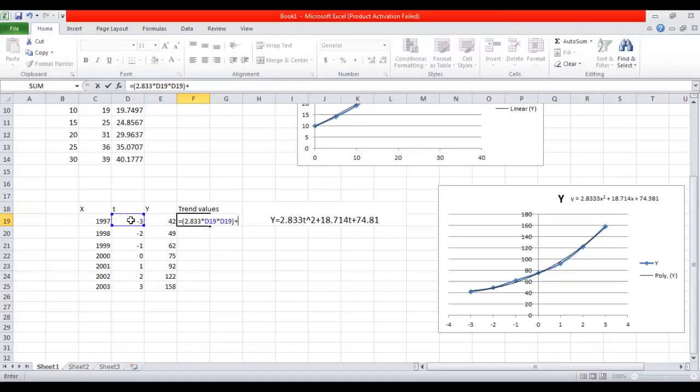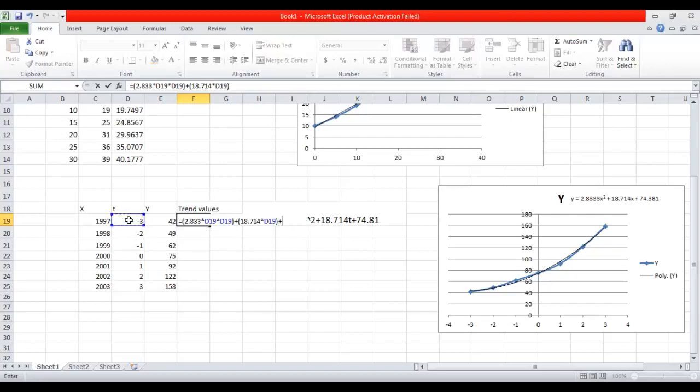Plus 18.714 into t. Open one more bracket so that it will be easy for you. 18.714 into t value, this one, close the bracket.